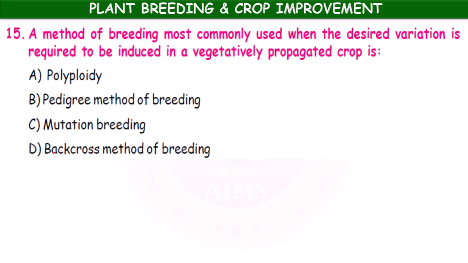It is polyploidy. Okay, generally the diploid condition is there. Polyploid means more than two sets of chromosomes present in the individual; that condition is called polyploidy. So this is the breeding method most commonly used when the desired variation is required to be induced in vegetatively propagated crops.